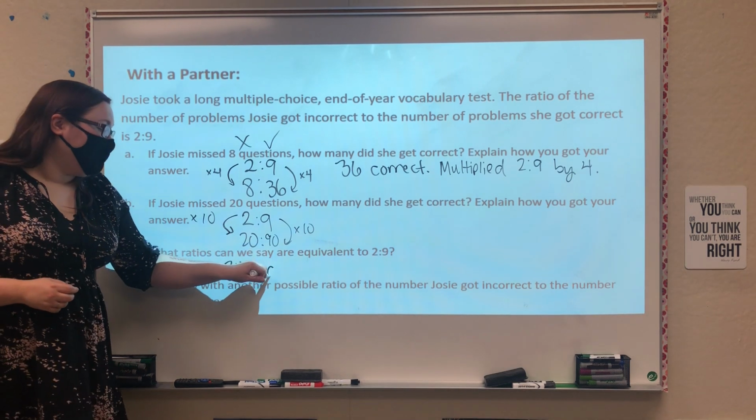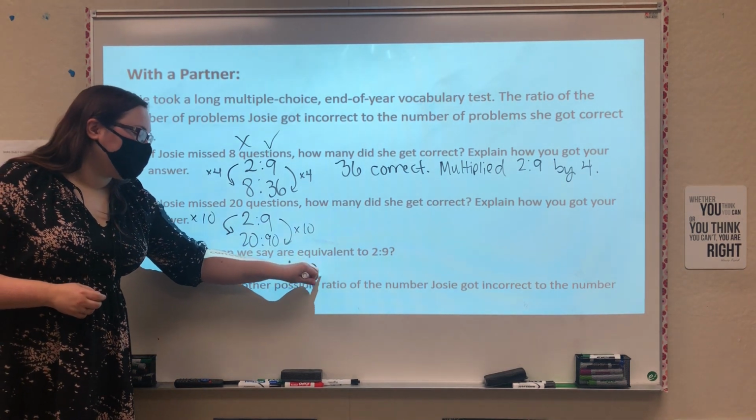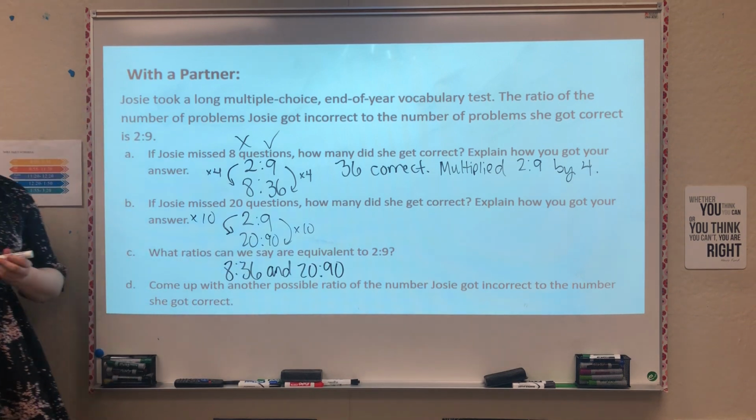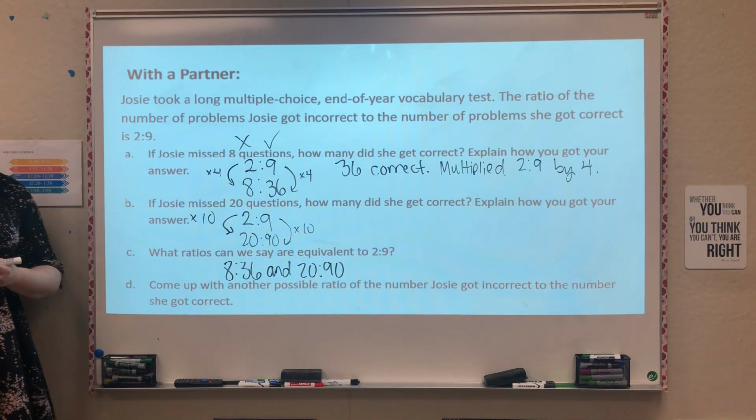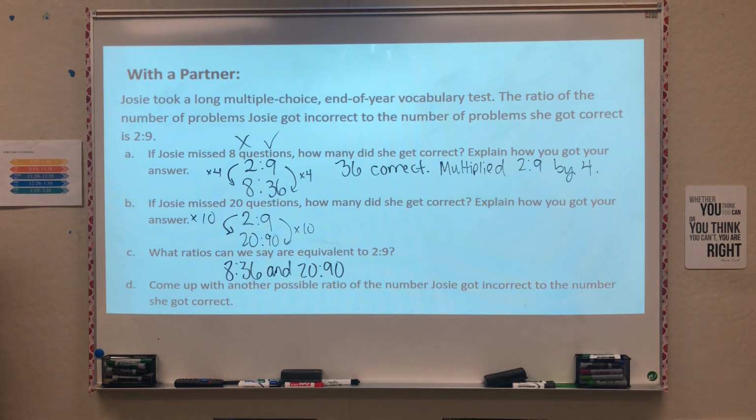Are these the only ratios that are equivalent? No. We saw earlier from that table we could keep going on forever and ever. But just at this point, these are some of the ratios we already figured out. We don't need to do any more math to figure out more, except until we get to part D where it asks, come up with another possible ratio.